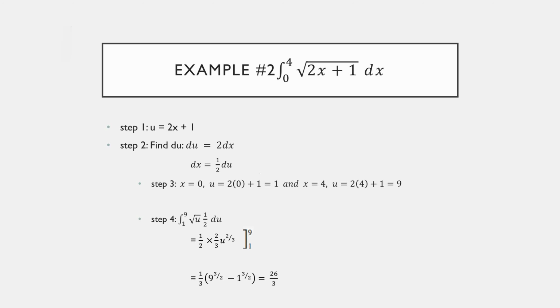And then we'd set x equal to 4 and we plug that into u equals 2x plus 1. So 2 times 4 plus 1 equals 9. And then for step 4, we can finally rewrite our integral into all u variables along with our new boundaries that are now written in u terms. And if you continue solving the integral, you should get 26 over 3.